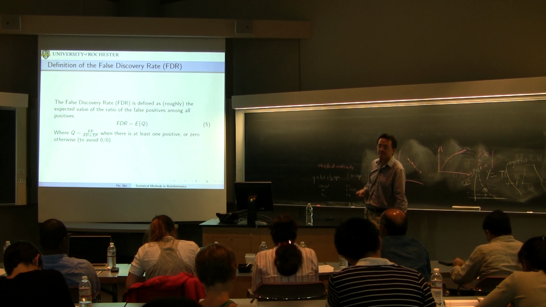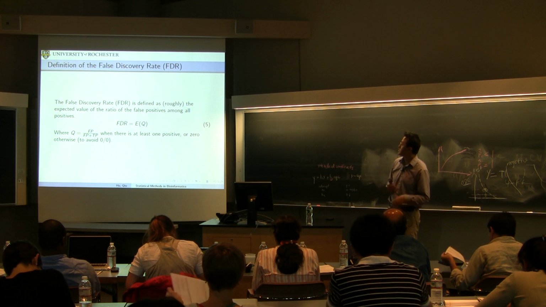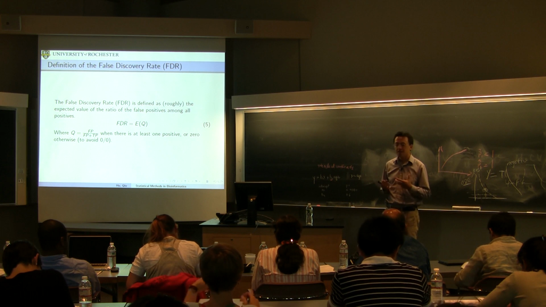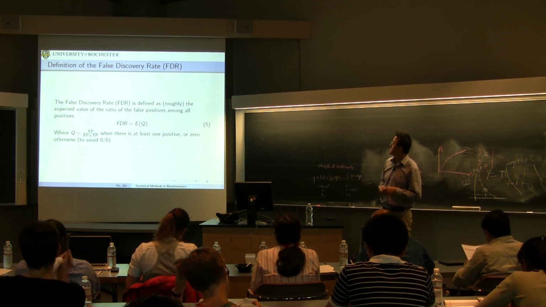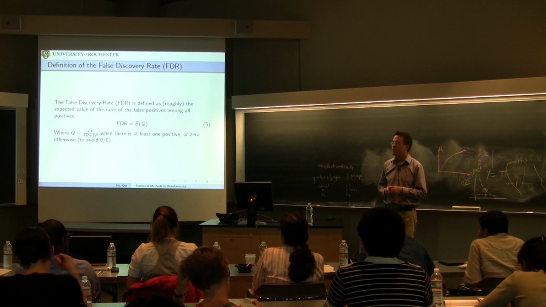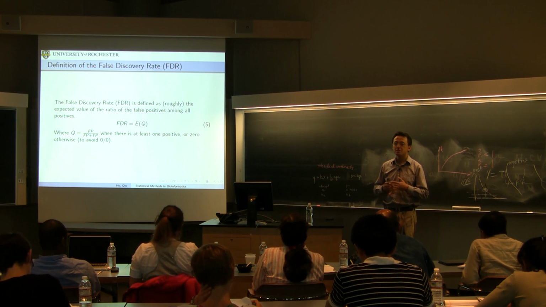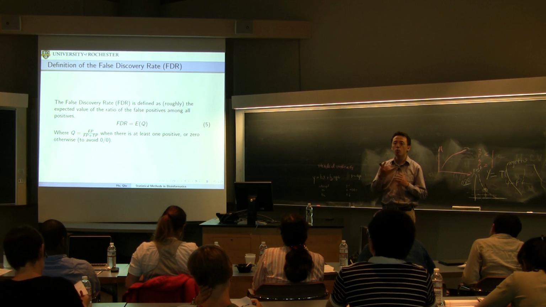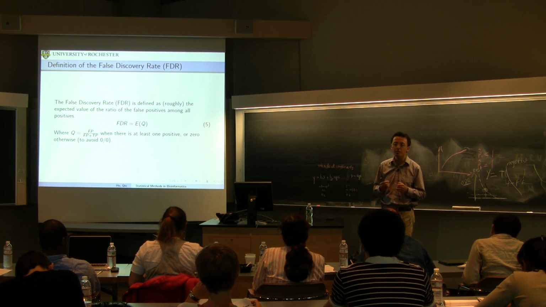Okay, as I said, the FWER is quite conservative. So statisticians try to invent some less conservative procedures. The FDR, false discovery rate, is one choice. As I said, the FWER is very conservative because the chance you make even one false positive is only 0.05.